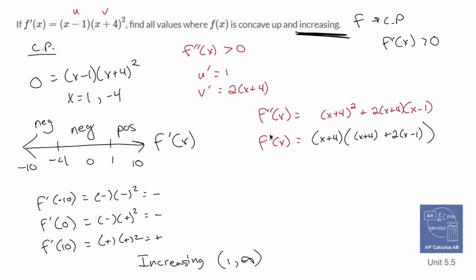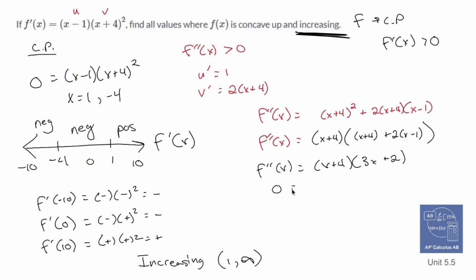Okay, so by the way, that's f double prime. I don't know if I remembered to do a second thing there. Yeah, I think we're good. F double prime of x is going to equal x plus 4 times, so this will be x plus 2x, so 3x, and then negative 1 times 2 is minus 2.